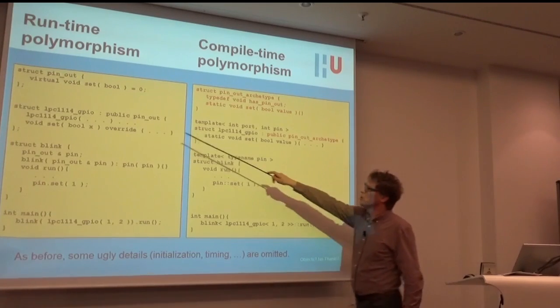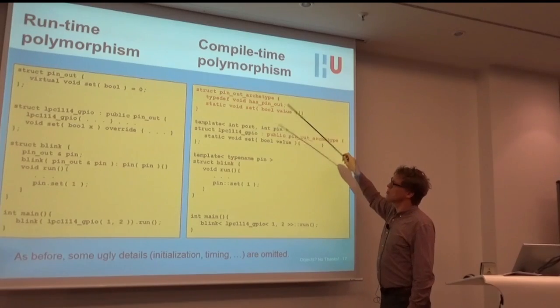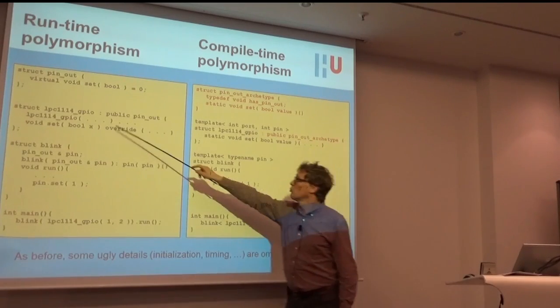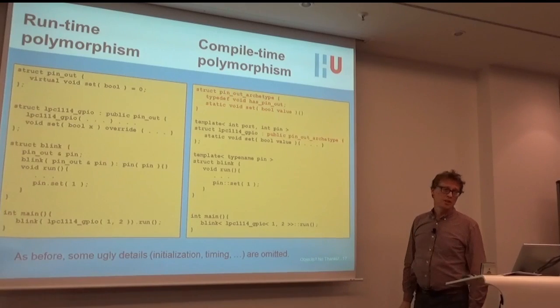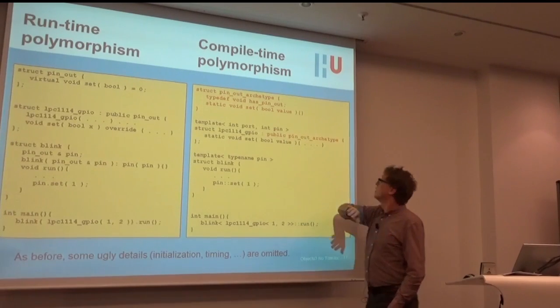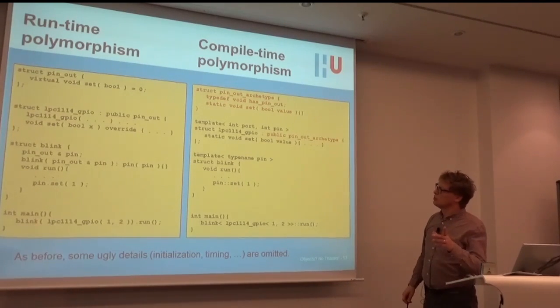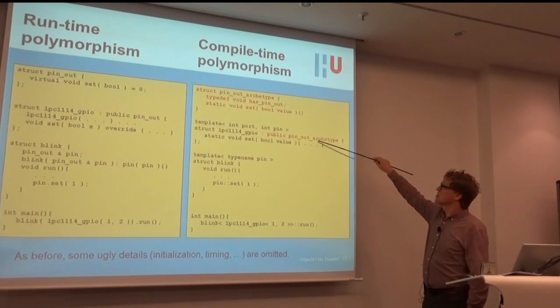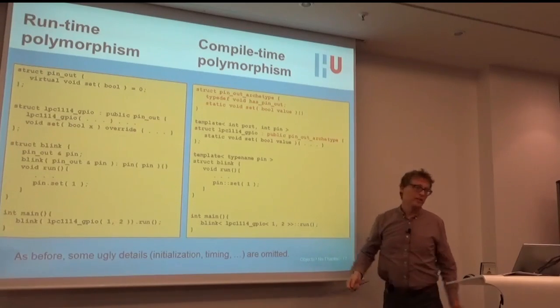Instead of a concrete implementation of the class, I have a template which can be parameterized by the same parameter that I would otherwise pass to the constructor. And it has a set method, which I can now write out because I know those values, and the compiler can see it too. And to direct later on the template instantiation, I say I inherit from this type, then it gets this tag that identifies it as an output pin.